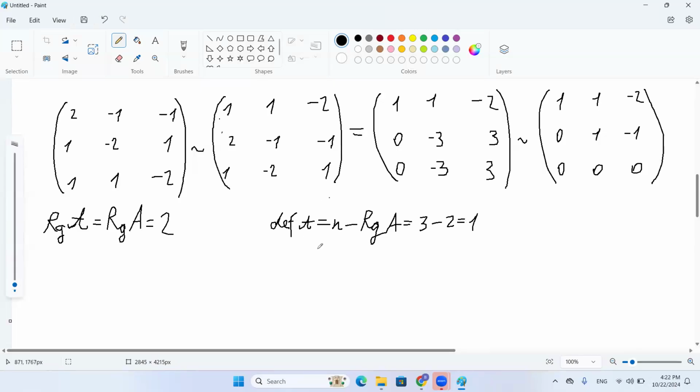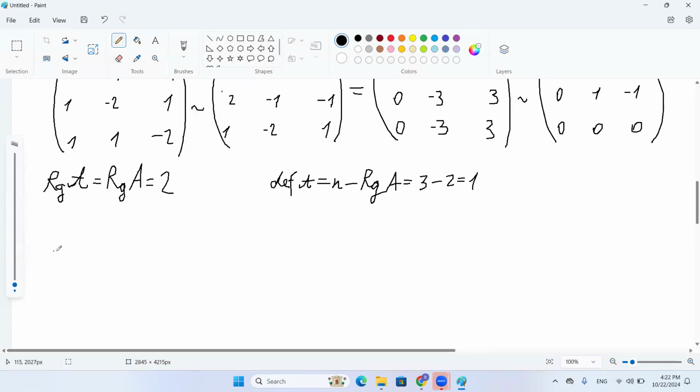So it is the defect, the dimension of the kernel, and the rank is the dimension of the image.